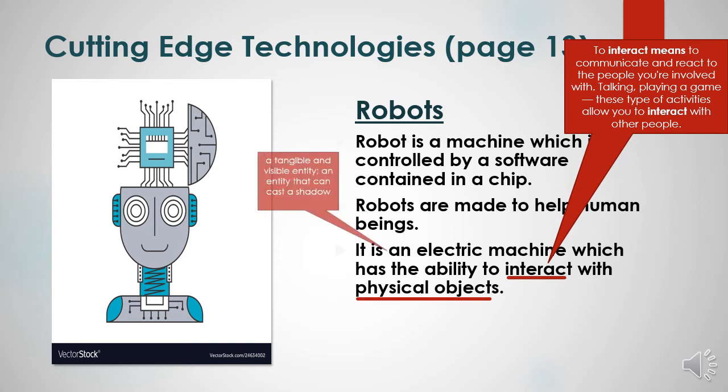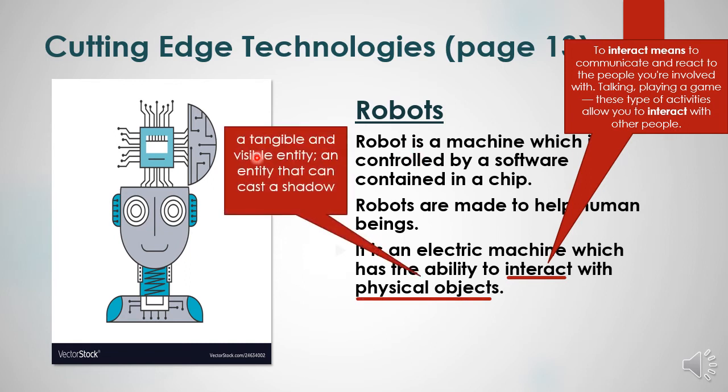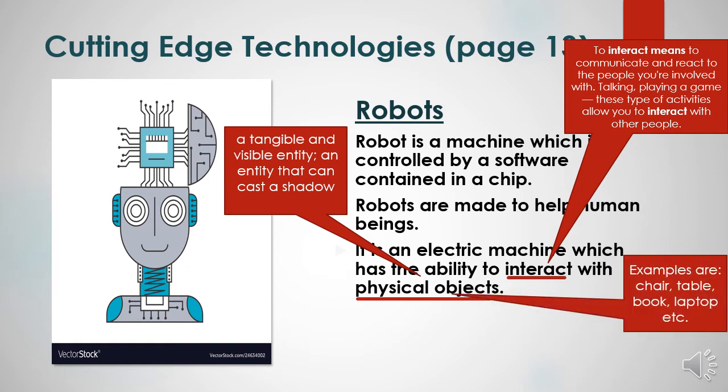And a physical object is a tangible and visible entity, an entity that can cast a shadow. Chair, table, book, and laptop are examples of physical objects.